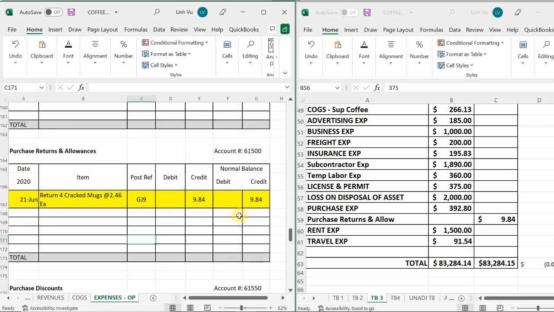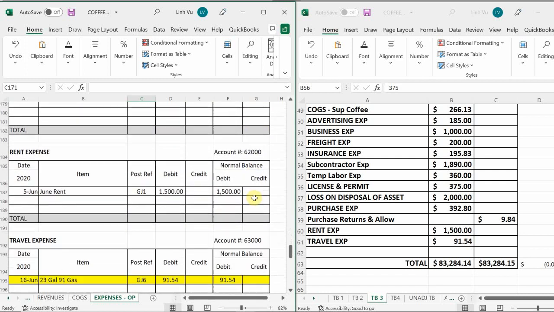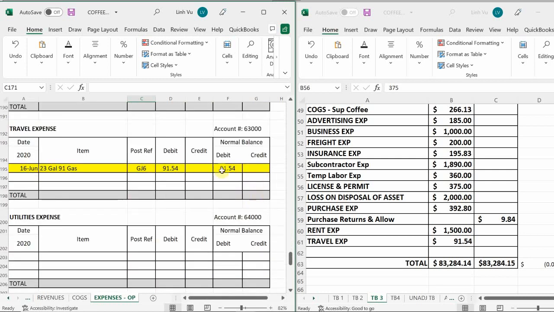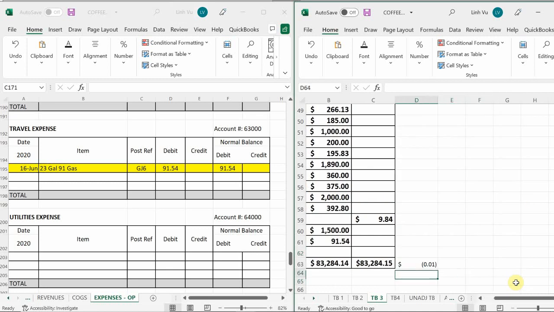My purchase returns was $9.84. My rent is $1,500, and my travel expenses for $91.54. So I don't know where I am off by 1 penny, because everything I've done so far was correct.